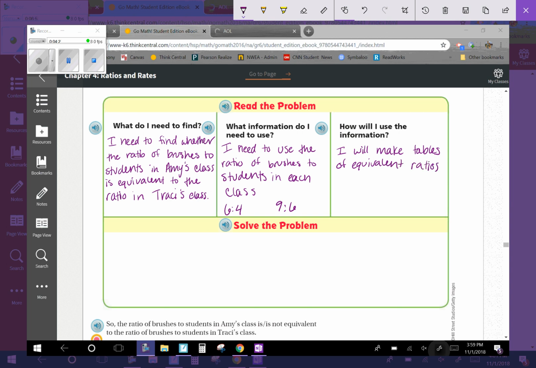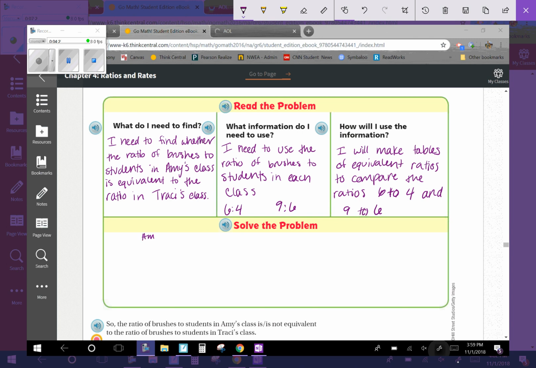to compare the ratios 6 to 4 and 9 to 6. So solve the problem. Down here we're going to make that table.